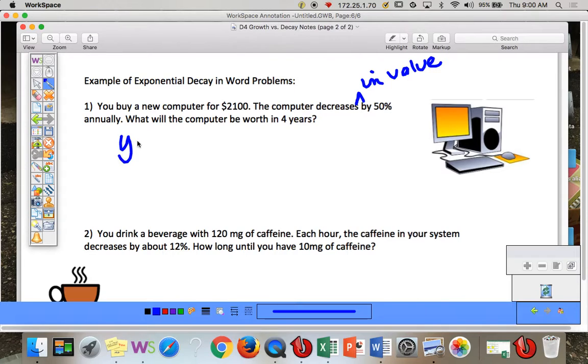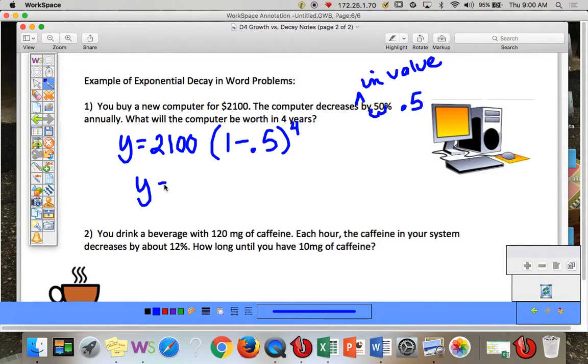So we're going to do our starting value, 2,100. First of all, we have to change 50% to a decimal. That's 0.5. So you move the decimal over twice or divide by 100. If it was increasing, we did 1 plus that. But if it's decreasing, it's 1 minus that number. And it will be for 4 years.